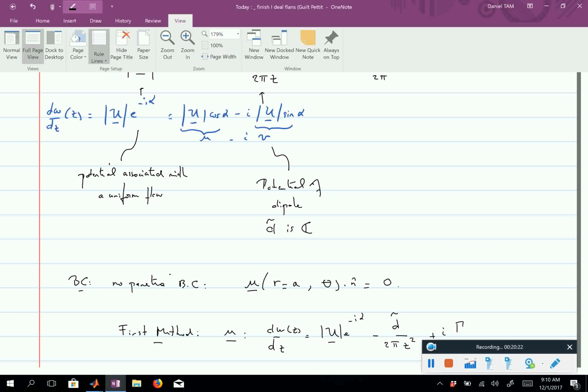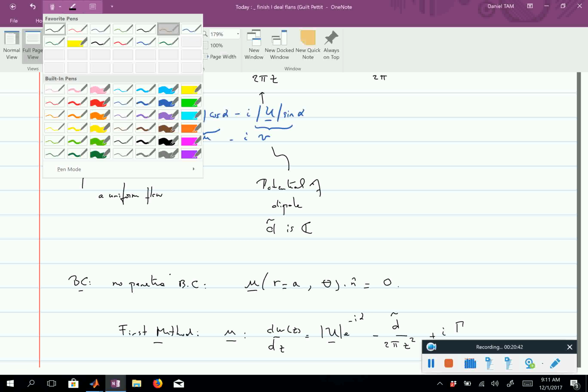Maybe in a few countries it's different, but in many countries, and I think in most aerodynamics textbooks, gamma, the circulation around an airfoil or around a profile, would be counted positive clockwise.